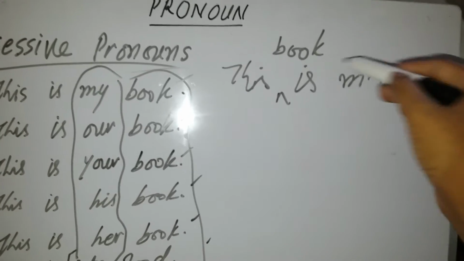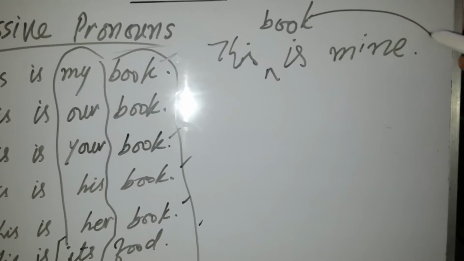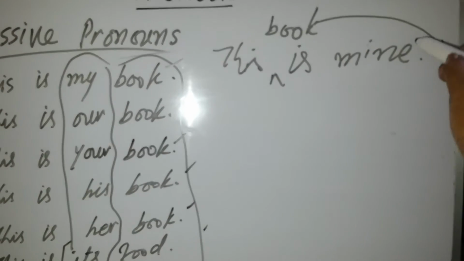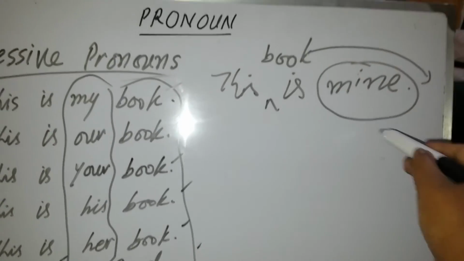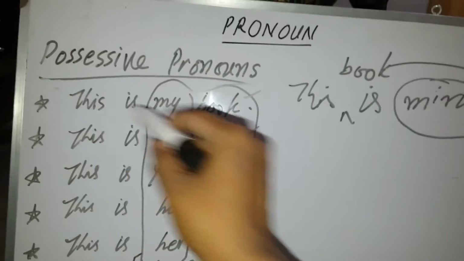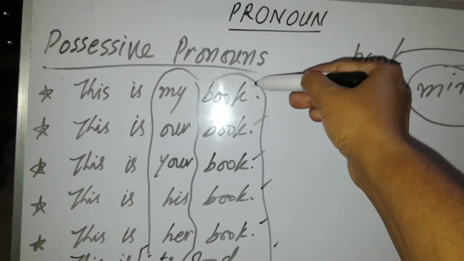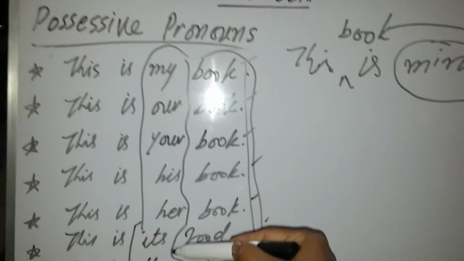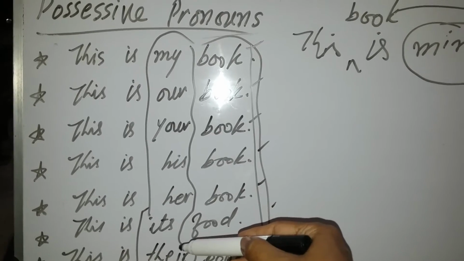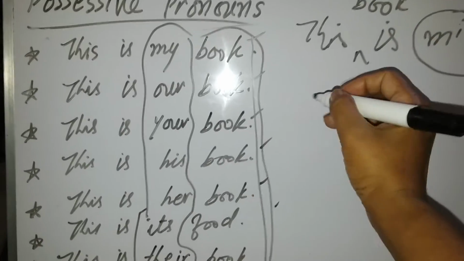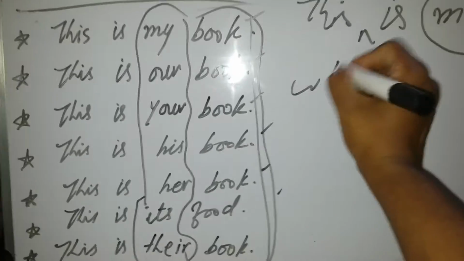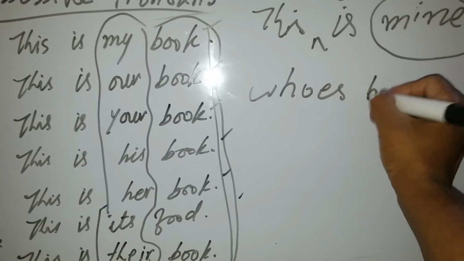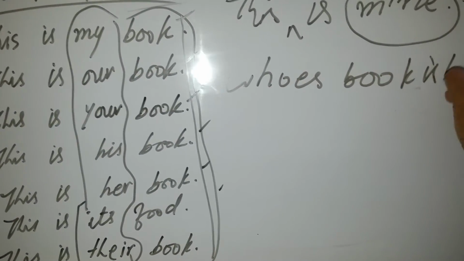We can never write a noun after an independent possessive pronoun. But for possessive adjectives, we have to write a noun after them. For example, if there is a question, "Whose book is this?"